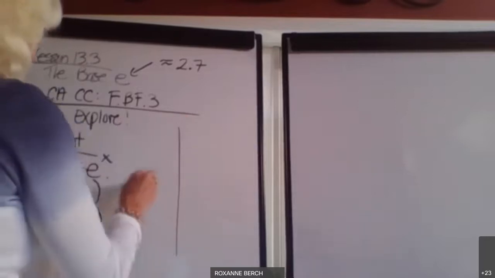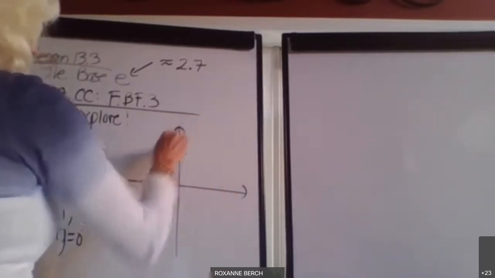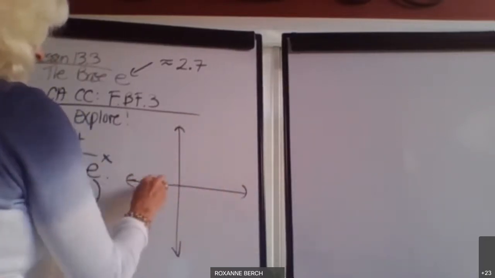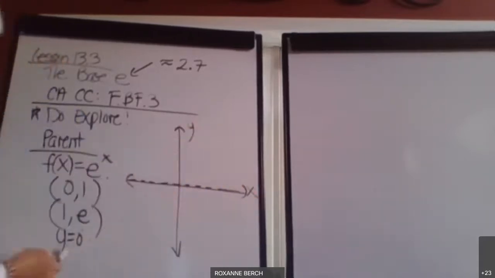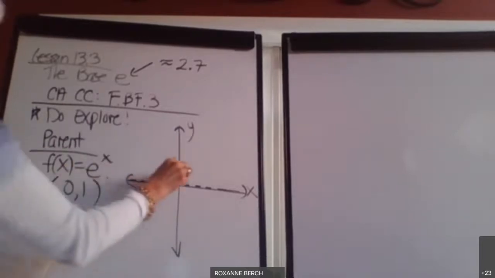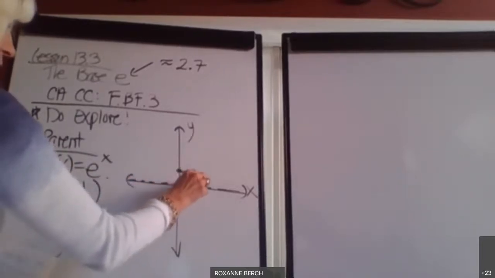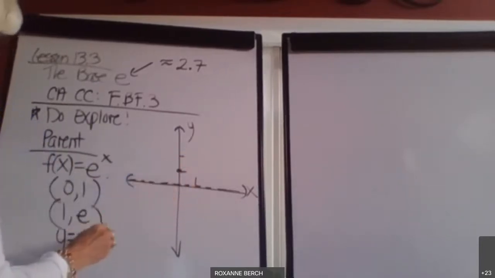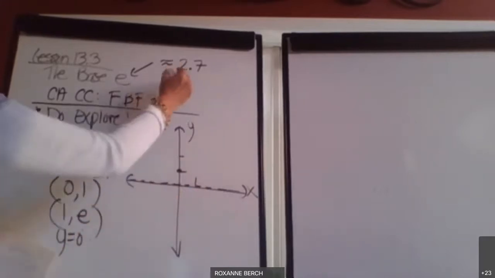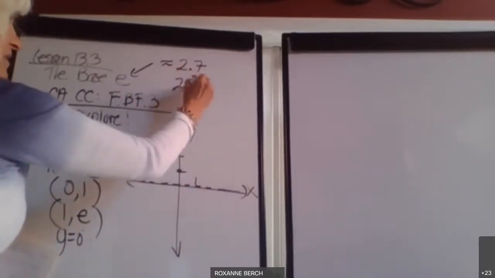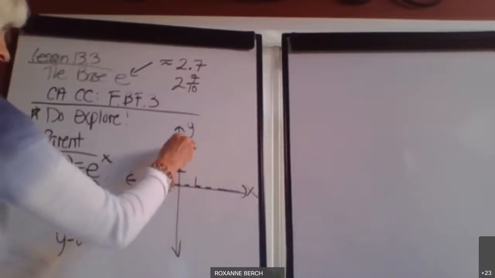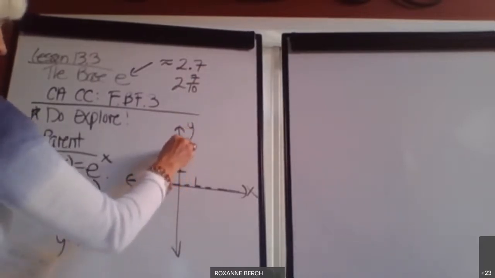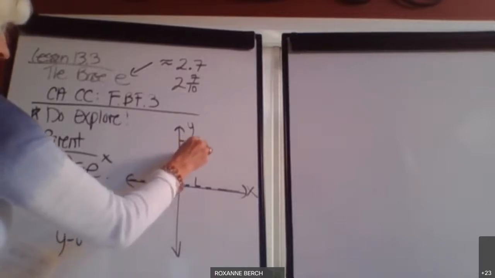So go and graph this thing. Also, we know there's a horizontal asymptote at y equals 0 because it is an exponential growth function. So 0 up 1, right 1 up 2.7. This 2.7 is 2 and 7 out of 10 parts.